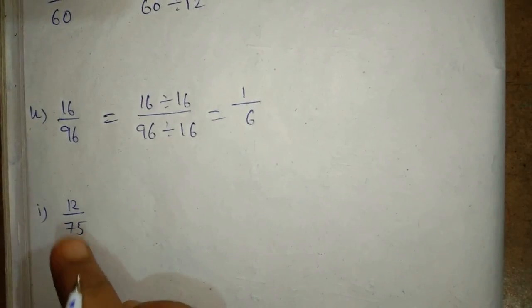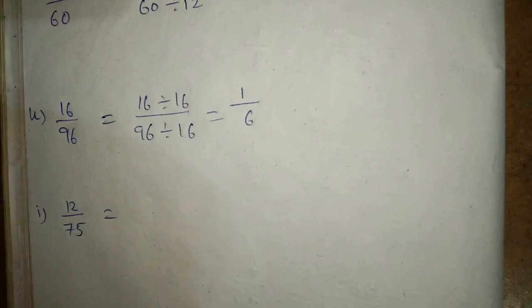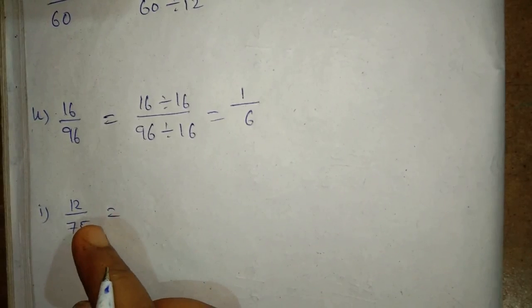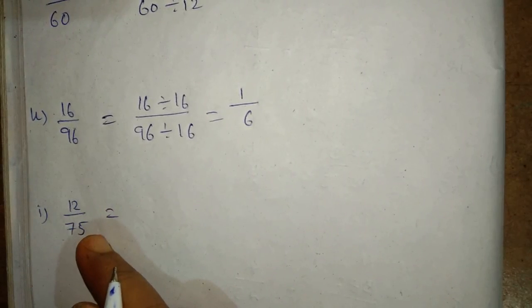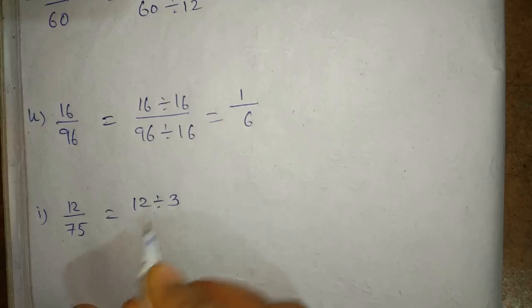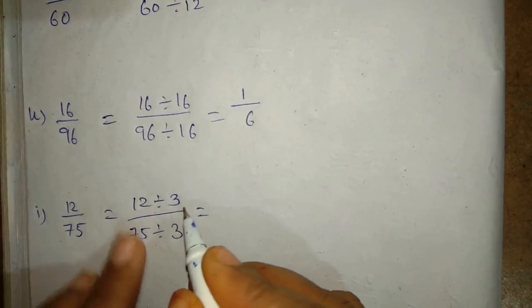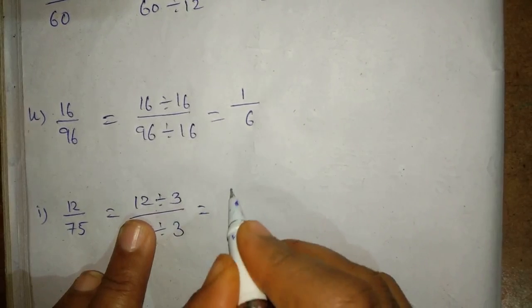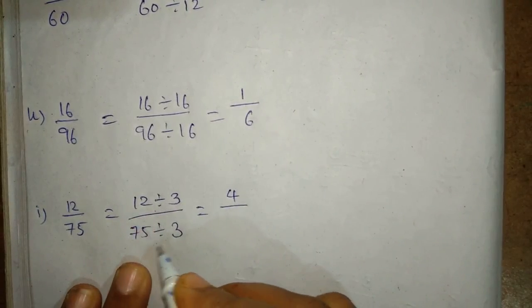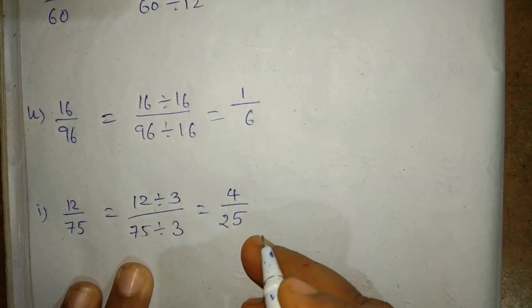And next one, 12 by 75. In this, we divide numerator and denominator by 3. 12 by 3 is equal to 4, and 75 by 3 is 25.